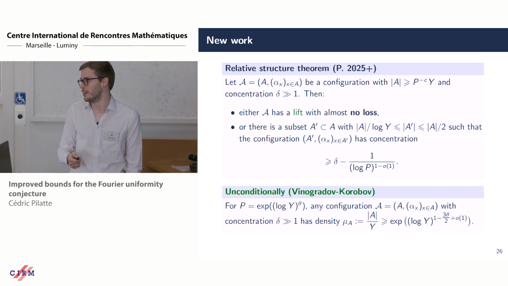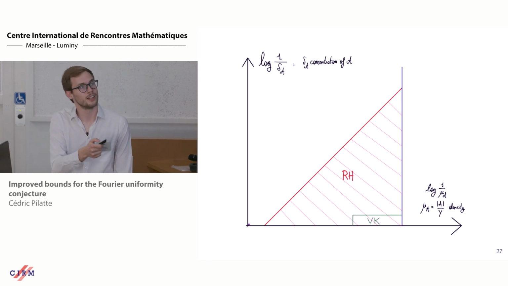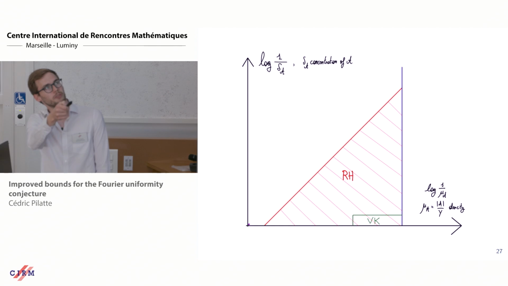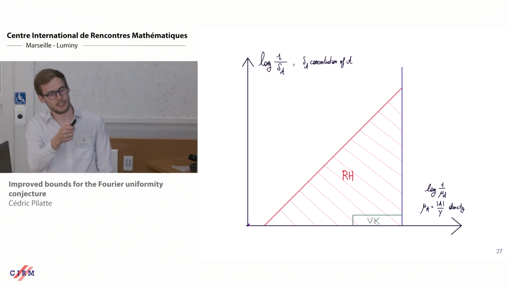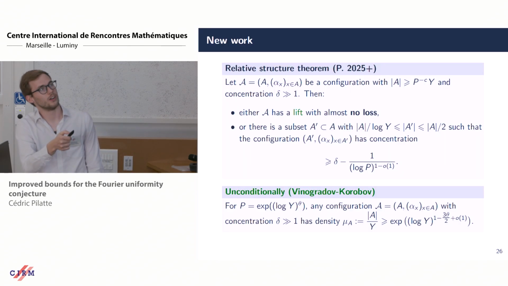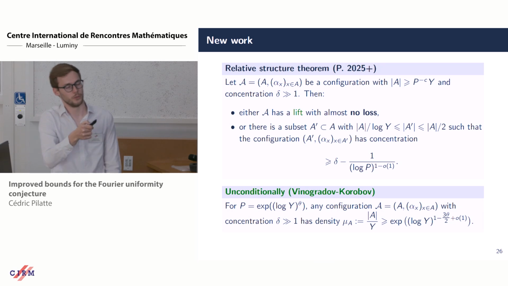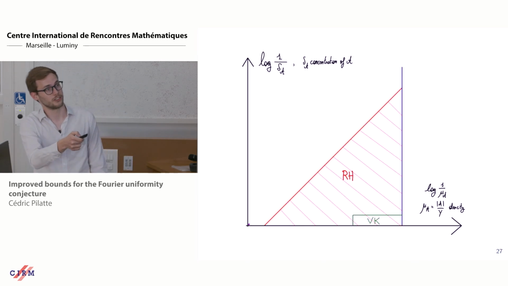So I'm going to draw the picture again. So this is what the Riemann hypothesis tells you, and this is what the Vinogradov-Korobov assumption tells you. So here we are really looking only at very large concentrations. So this lemma is only useful when you are looking at configurations with very large concentrations.